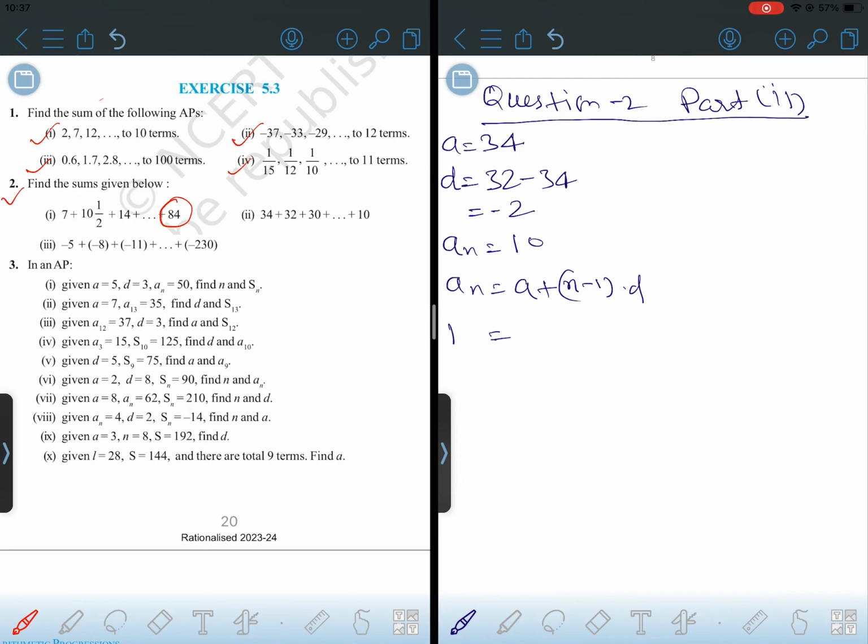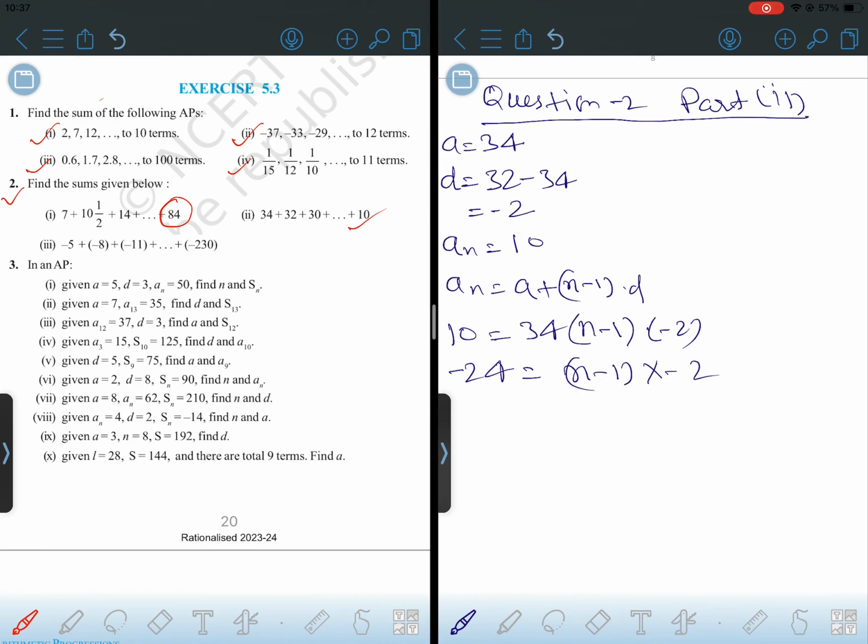So here, an is 10, the value of a is 34, and we have to find n anyway, and d is how much? d is minus 2. So if we bring 34 to the left hand side, that gives us minus 24 is equal to (n minus 1) into minus 2.